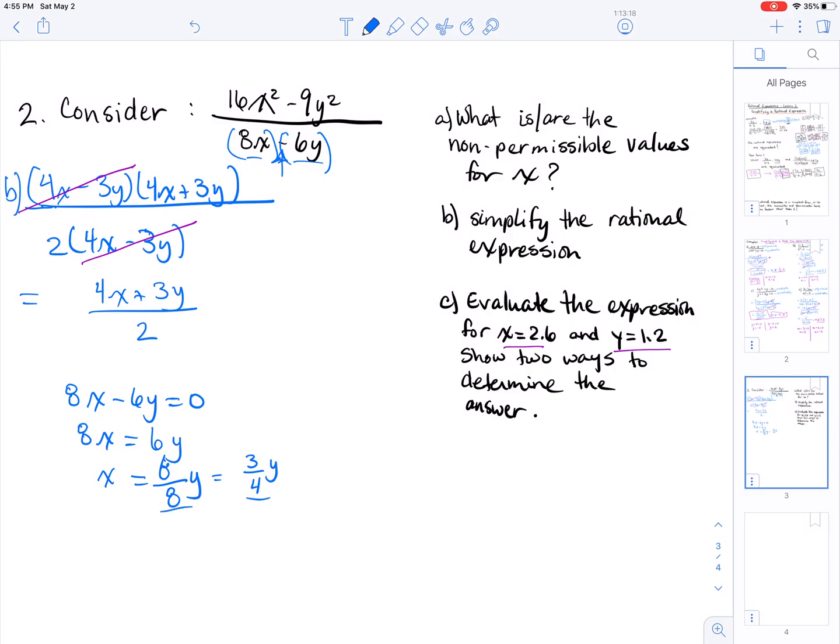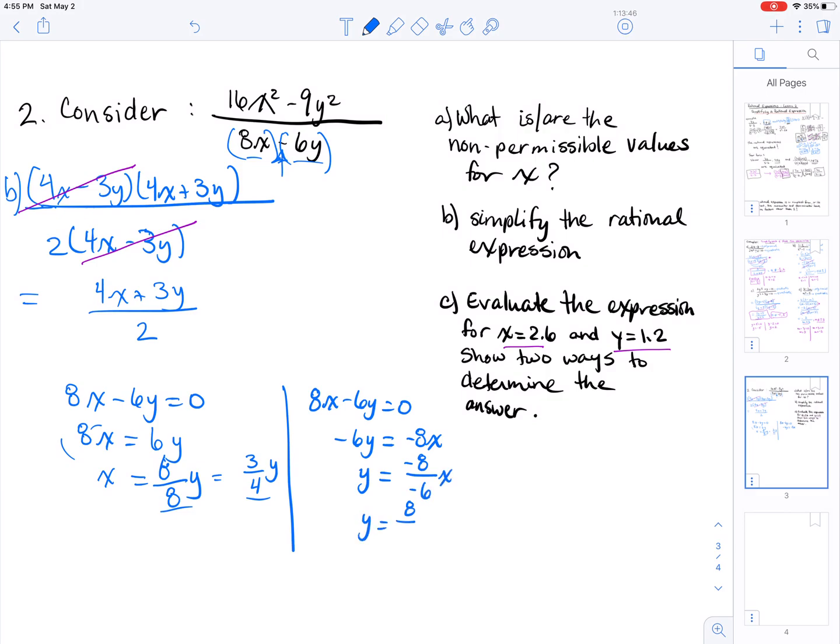So x cannot equal that. Now I can do the same thing to find out what the y is. Instead of solving for x, I'm going to solve for y. So 8x minus 6y equals 0, minus 6y equals minus 8x. Y equals minus 8 over minus 6x.